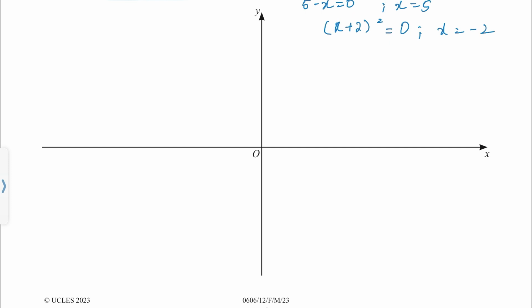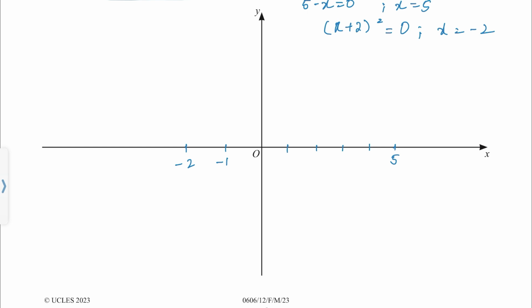So we know that 1, 2, minus 2, minus 1, 2, 3, 4, then 5. So we know that the curve would go here and there. Now, the curve will be touching x-axis on minus 2 and 5.